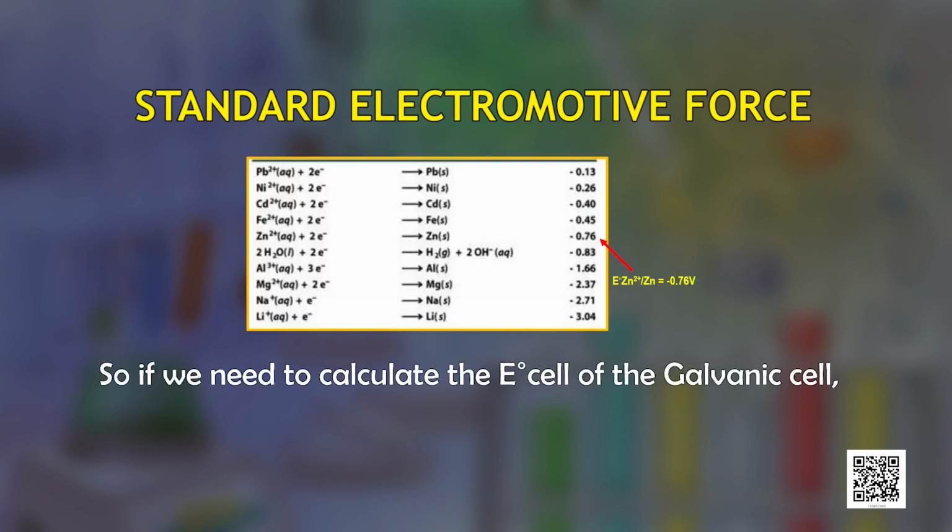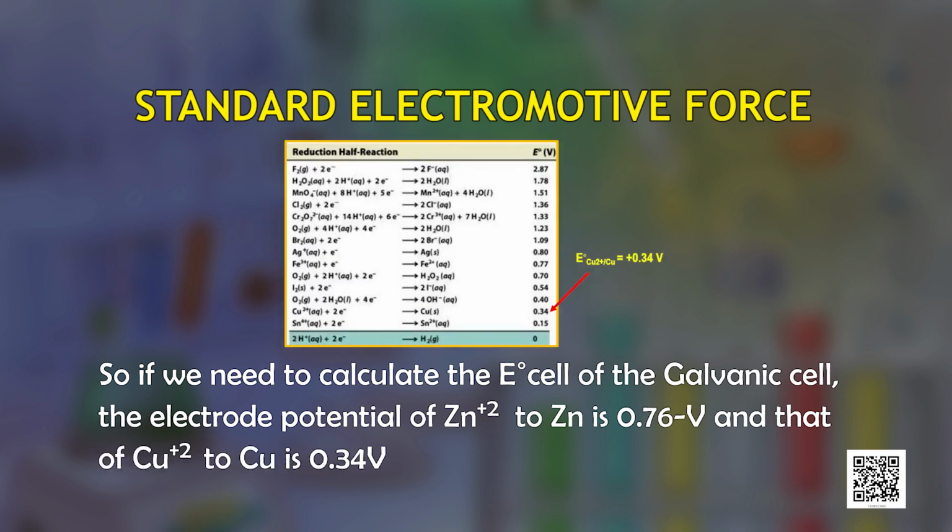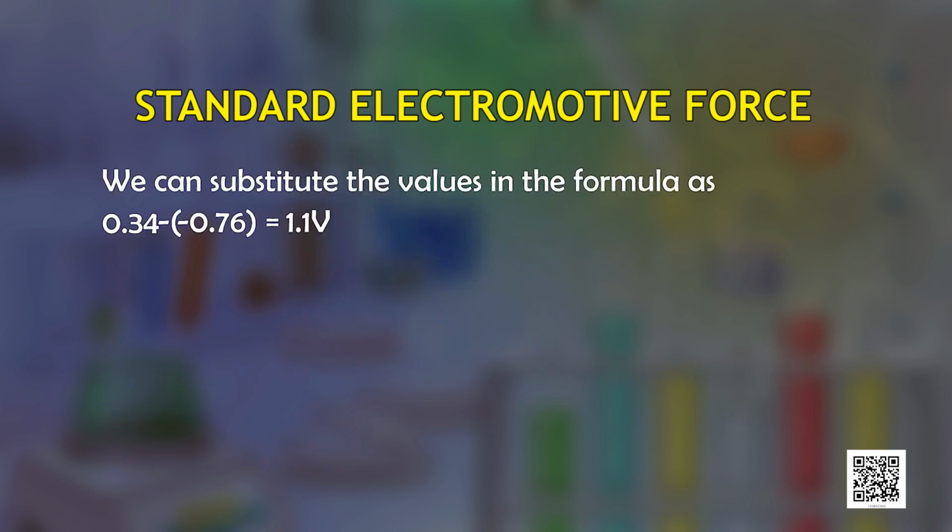So, if we need to calculate the E0 cell of the galvanic cell, the electrode potential of zinc 2 plus to zinc from the table is minus 0.76 volt and that of copper 2 plus to copper is 0.34 volts. We can substitute the values in the expression as 0.34 minus 0.76, which gives us the value as 1.1 volt.